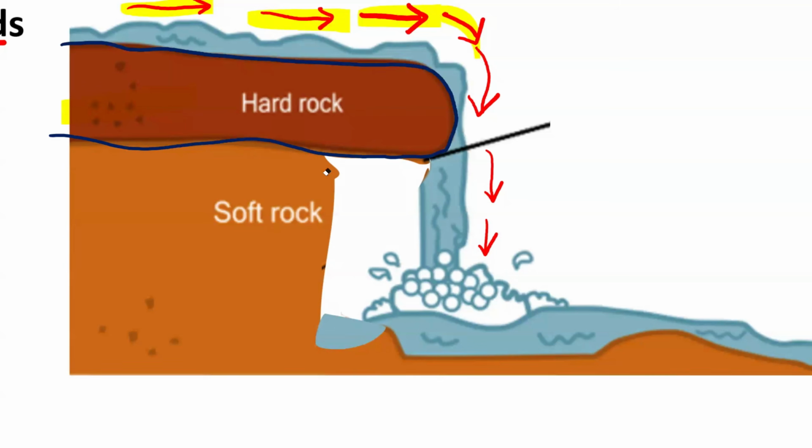Since the soft rock is eroding, the hard rock will eventually break off, if I'm not mistaken. Yeah, exactly, guys. The hard cap rock is actually not balanced anymore. Because remember, at first the cap rock was balanced because the softer rock was reaching this level. We had something like this.